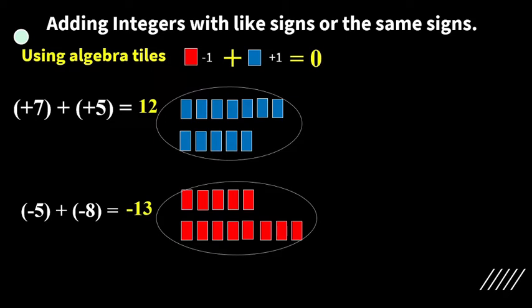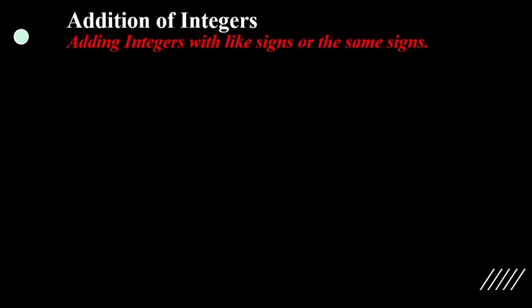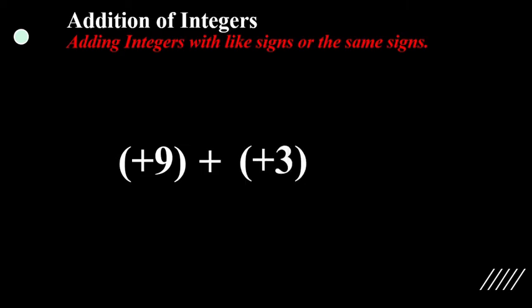So that's how we add integers with like signs or the same sign using number line and algebra tiles. This time, can we add positive 9 plus positive 3 without using number line or algebra tiles? Yes.